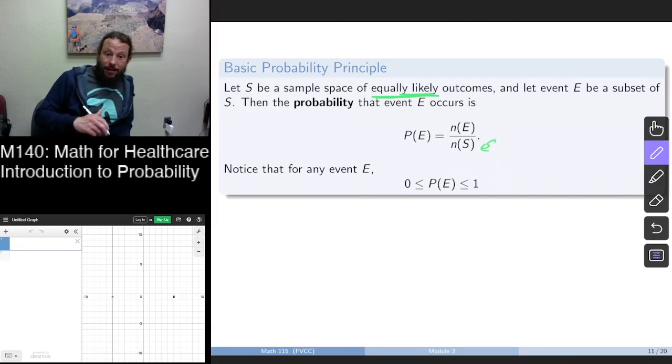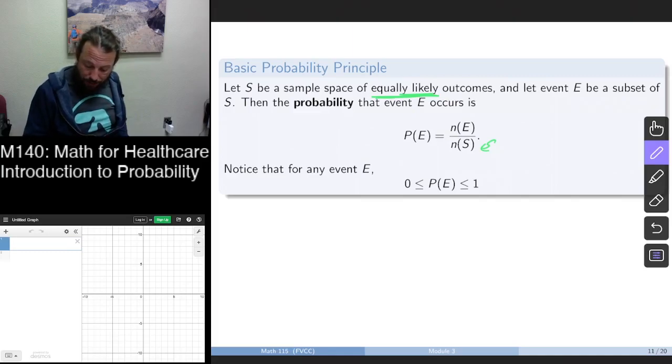Now for any event E, since E is a subset, the probability of E has to be greater than or equal to 0, because the size of E is greater than or equal to 0, and the size of S is greater than or equal to 0. And it's less than or equal to 1, because why is this?